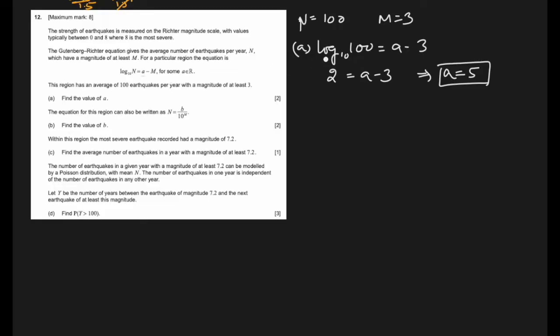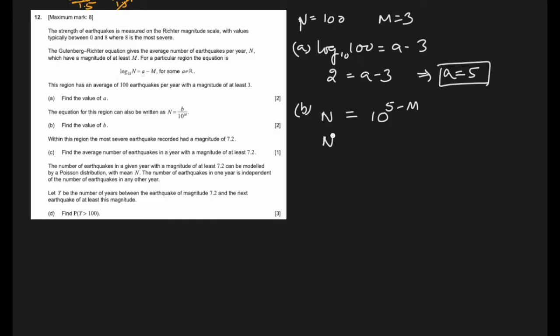That means they are asking us to transform this equation into this format. So we can see that n is alone here, that means log has to go. When log goes, the other side becomes the power of the base. So it will be A minus m, and A is 5. So let me erase A and write 5.